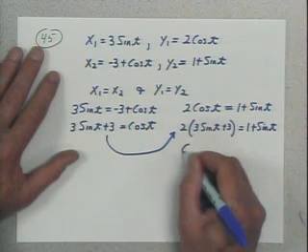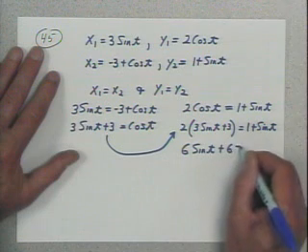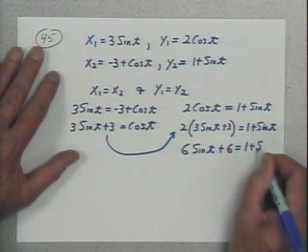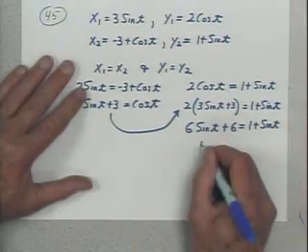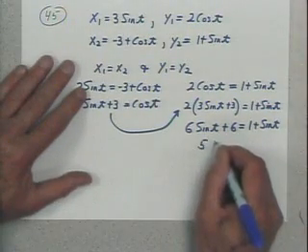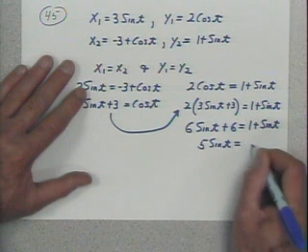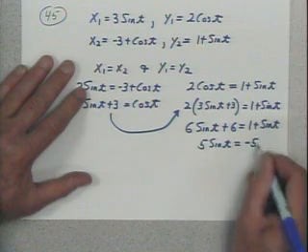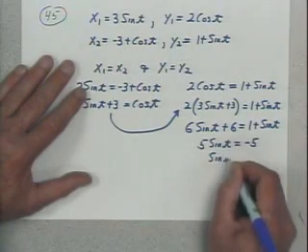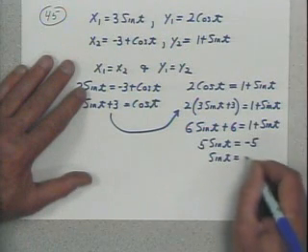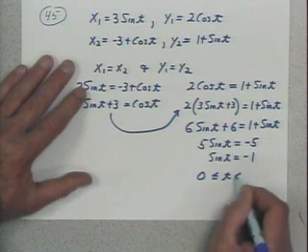You end up with 6 sine t plus 6 equals 1 plus sine t. Combining like terms, you end up with 5 sine t equals negative 5. What does that make sine t? Now, I'm working strictly in here, right?